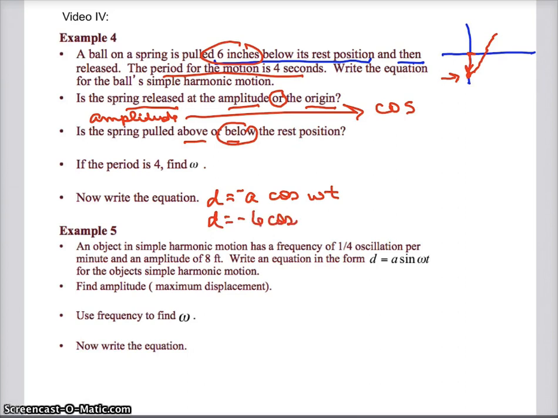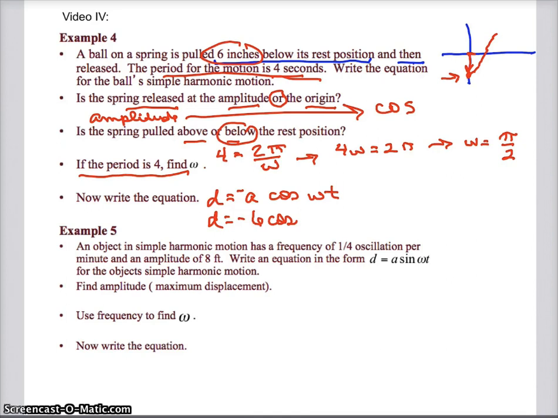We were given that the period for the motion was 4 seconds, so one full cycle took 4 seconds to complete. So let's use that to find omega. If the period is 4, then 4 times omega equals 2 pi. And dividing by 4, omega is equivalent to pi over 2.